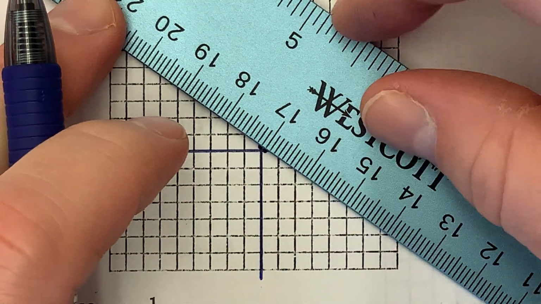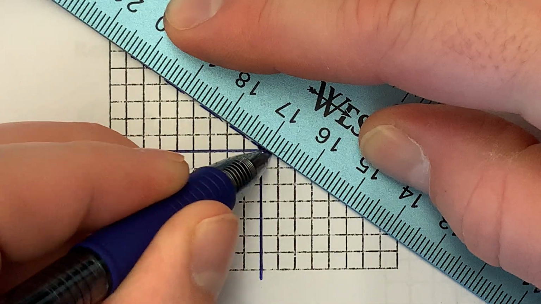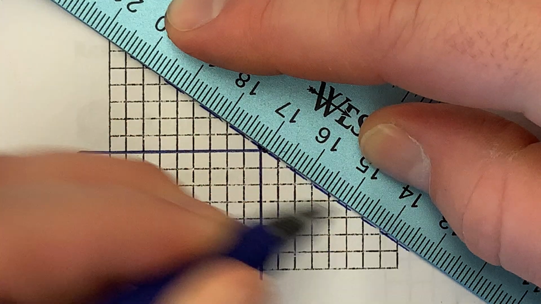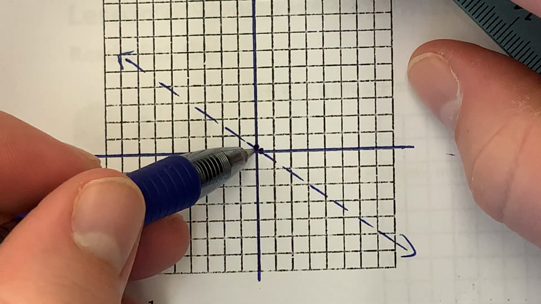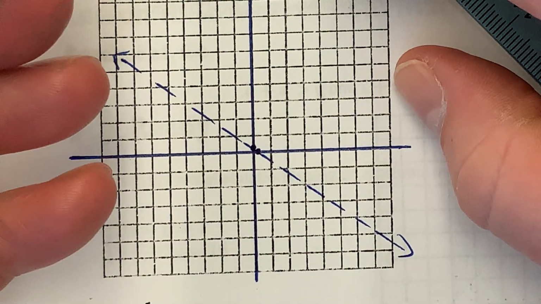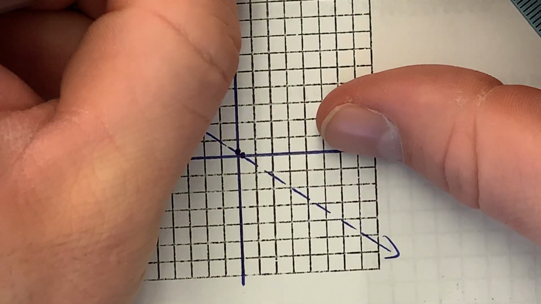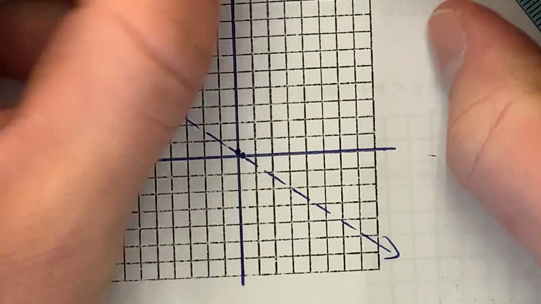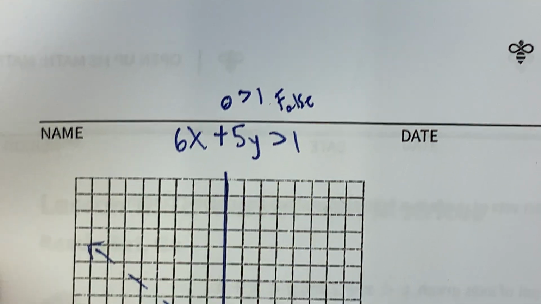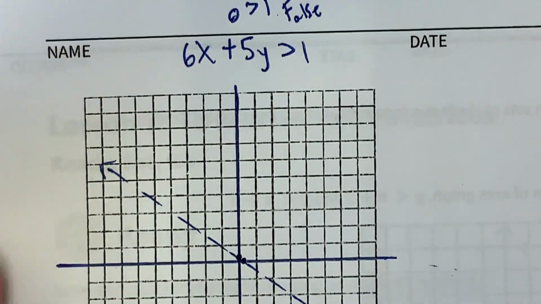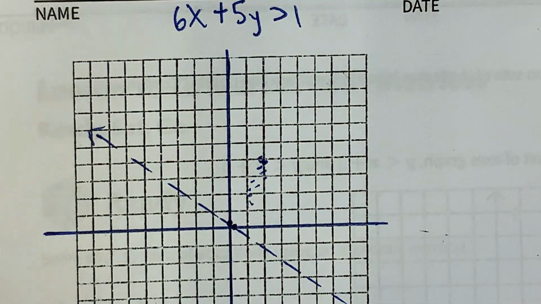And this one's going to be dotted. I think it's important just to recognize that because it's 1/5 and 1/6, it is really small, but it is above the origin. So 0 is greater than 1 is false. So we will shade away from the origin, and that would be up here. Okay.